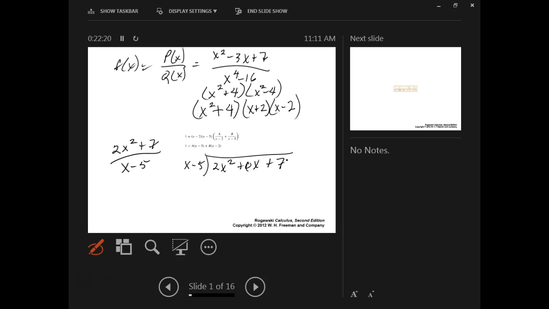And when you're missing the linear term, you have to put it in with a 0 coefficient. Okay, so let's proceed to divide. X will go into 2x squared how many times? 2x times, right?